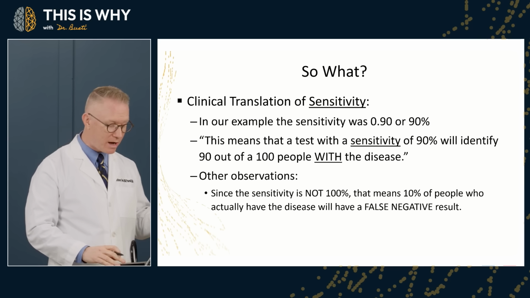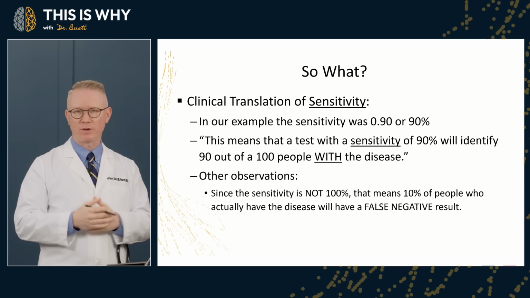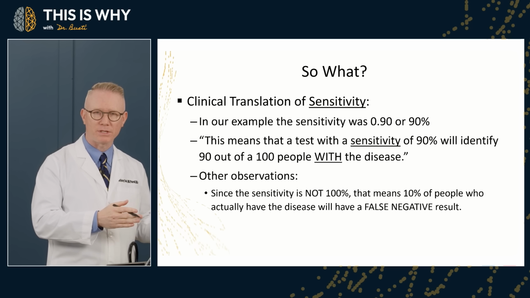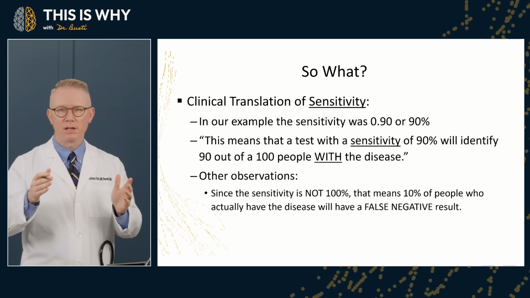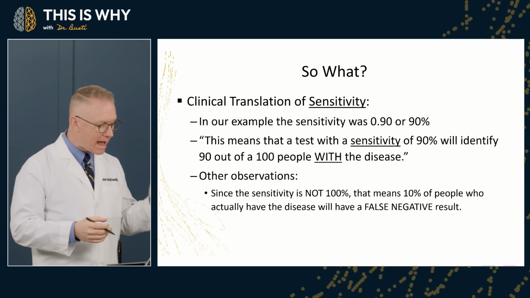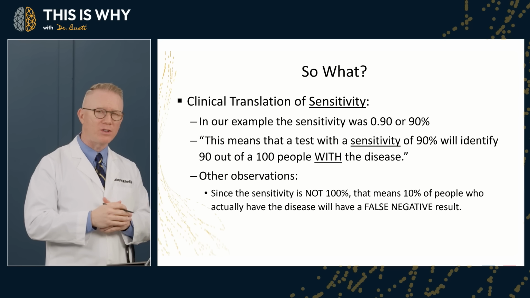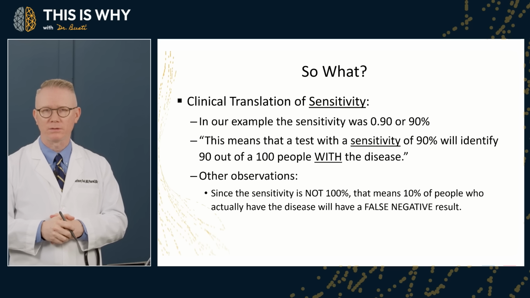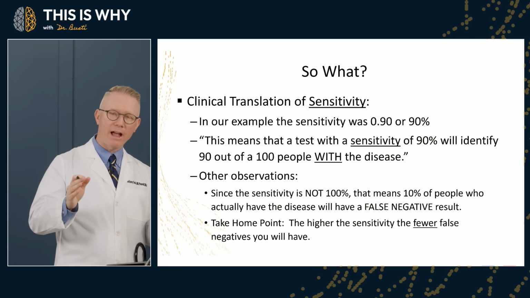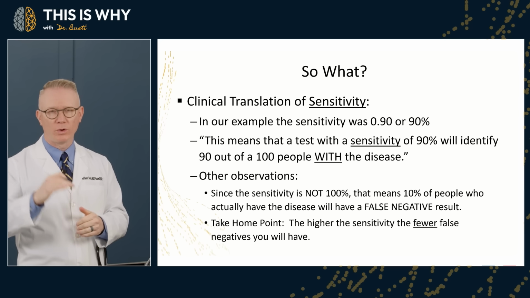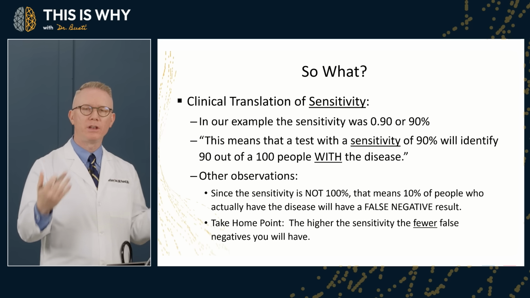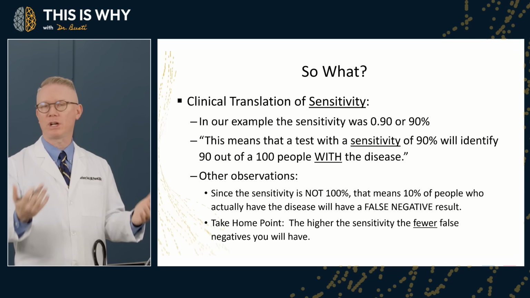Now, another way of saying that is that the sensitivity is not 100%. That means that 10% of people who actually have the disease will have a false negative result. And so the take-home point is that the higher the sensitivity, the fewer the false negatives you have. But that's how you use the numbers. That's what it means when you're talking to somebody.